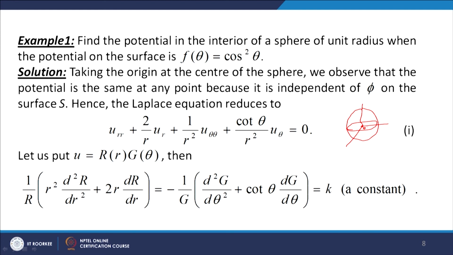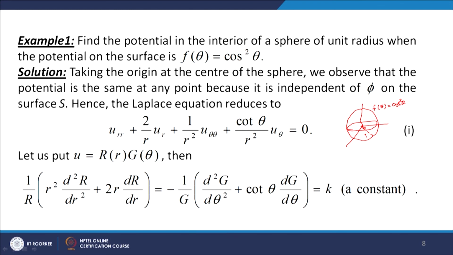We observe that here f(θ) is equal to cos²θ. The radius is unity. So, we observe that the potential is the same at any point because it is independent of phi on the surface. On the surface f(θ) is cos²θ, the potential is cos²θ.